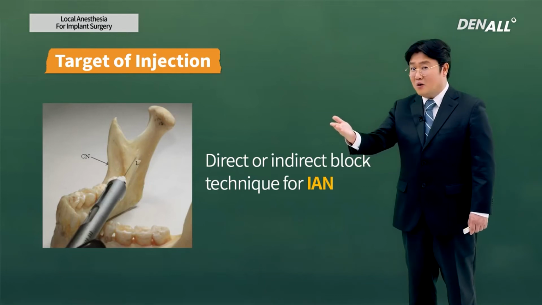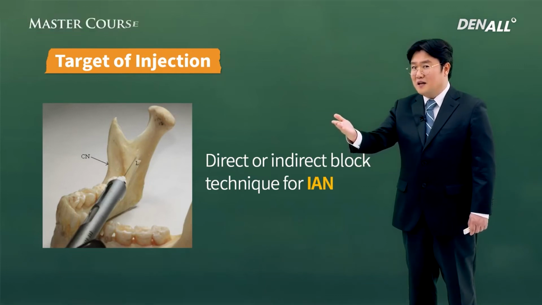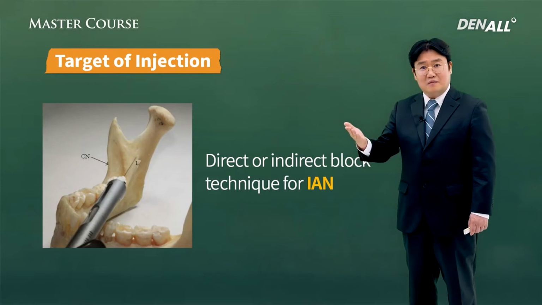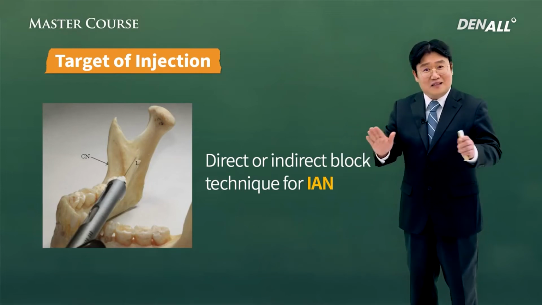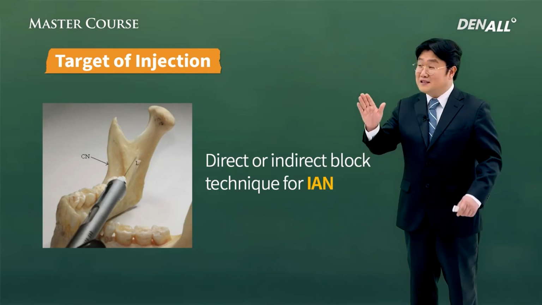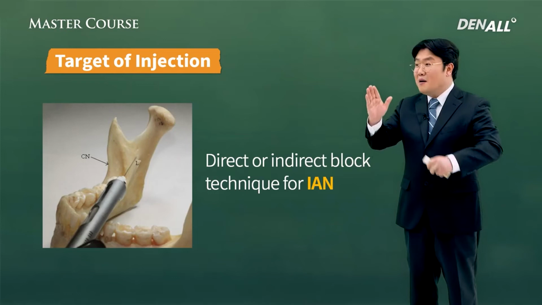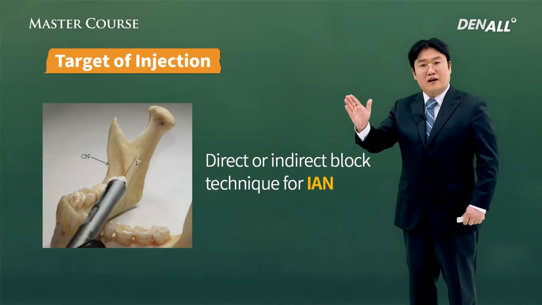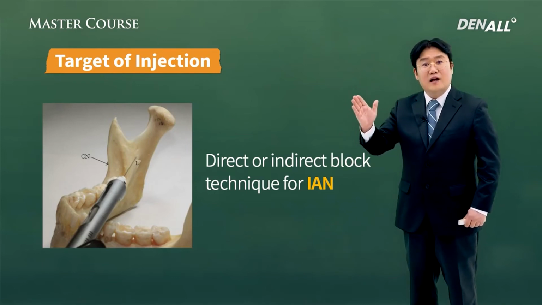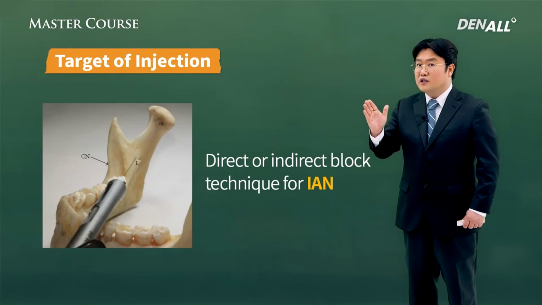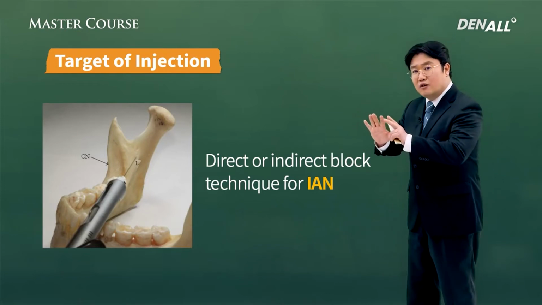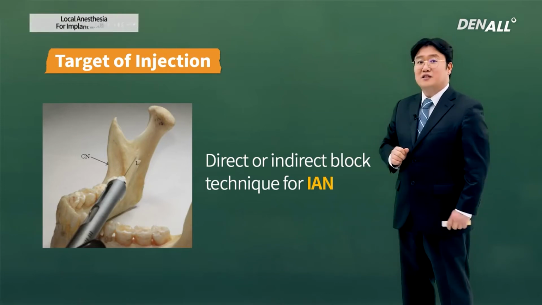It is straight above what? It is straight above the lingula. Why? Because the lingula is the landmark of the mandibular foramen. So if local anesthesia is injected there, the anesthesia spreads and blocks the inferior alveolar nerve that passes through the mandibular foramen to go to the mandible, and the lingual nerve near the area is blocked as well.